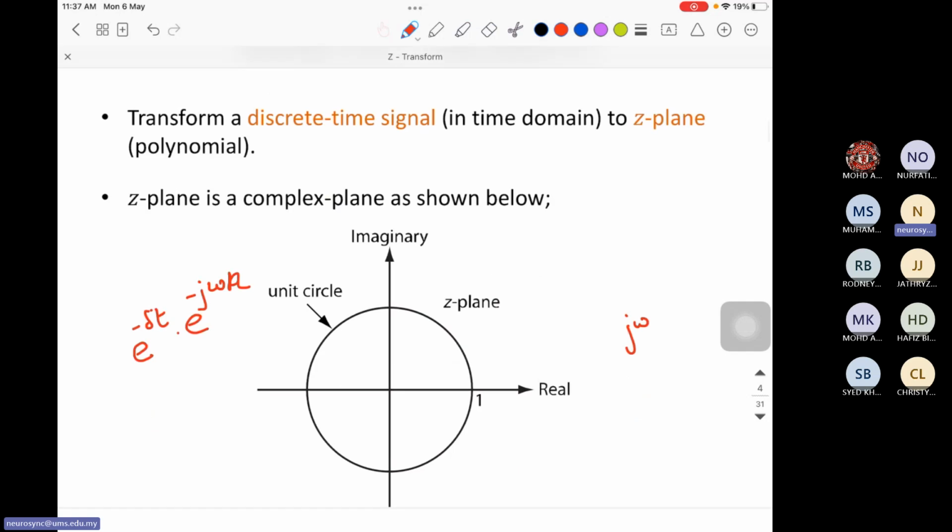Suppose we apply this to some x of t. The resultant signal is x of t times e to the power minus delta t.